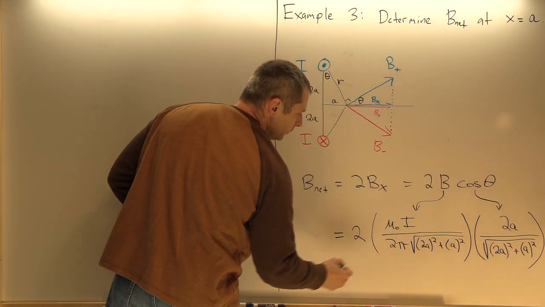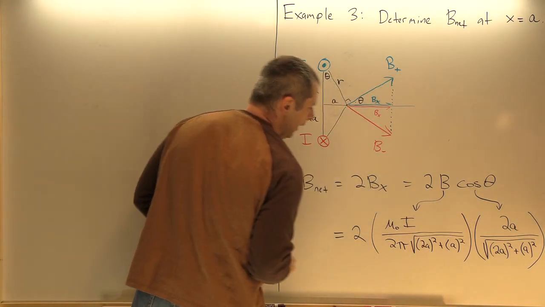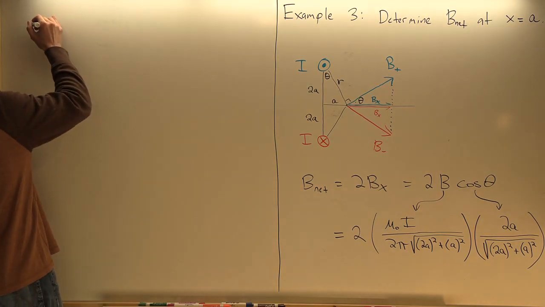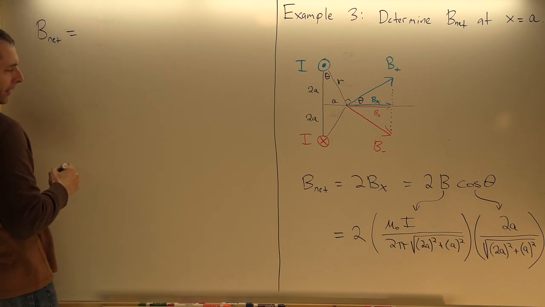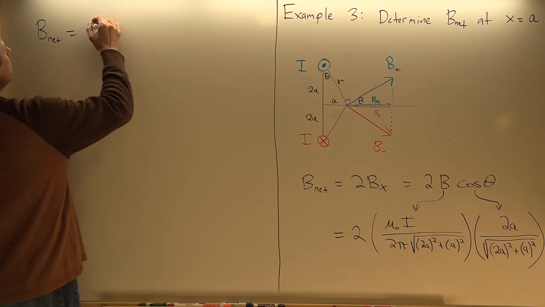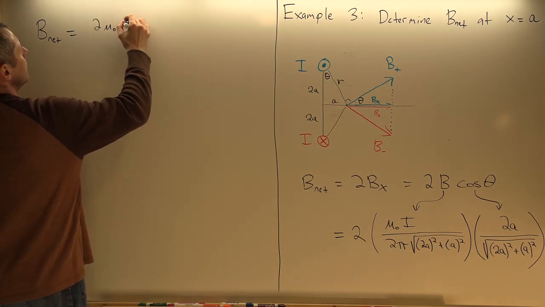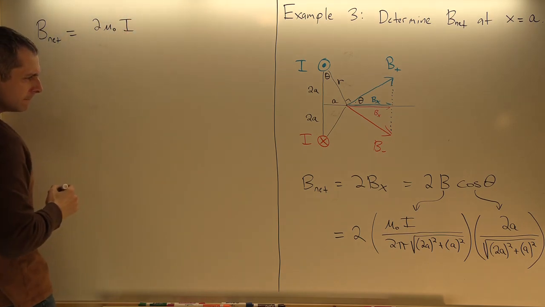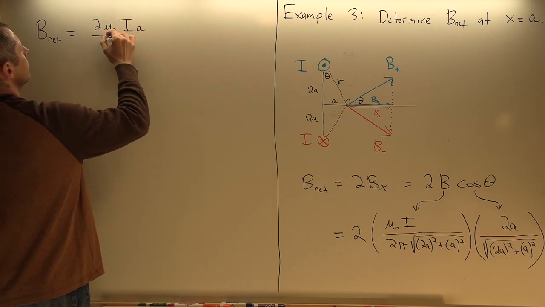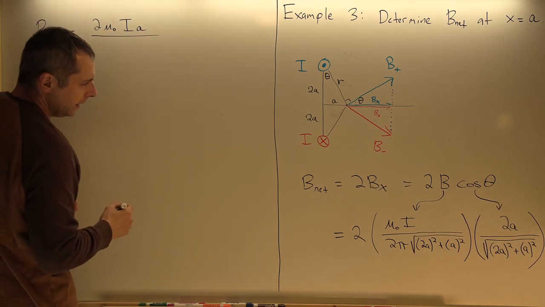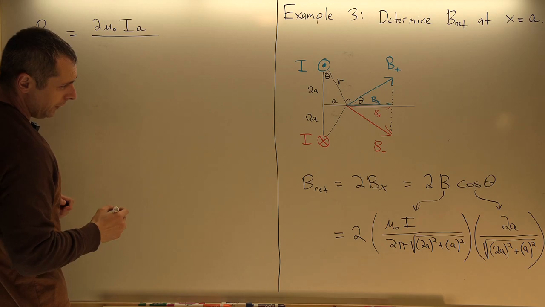So 2 and 2 cancel, but we still have a 2 on the top over here. So we can say B net is equal to 2, and then the pi survived, right?